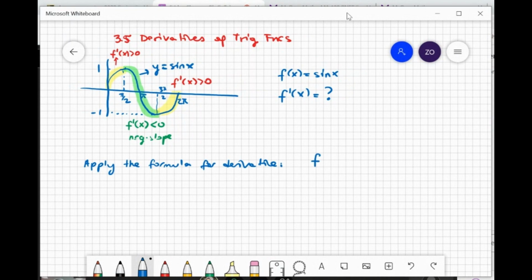Remember, how do we find the derivative of a function? We take the limit as h goes to 0 of the difference between two points. We evaluate the function at f of x plus h, evaluate the function at f of x, and take their difference. This gives us the instantaneous rate of change of the function.